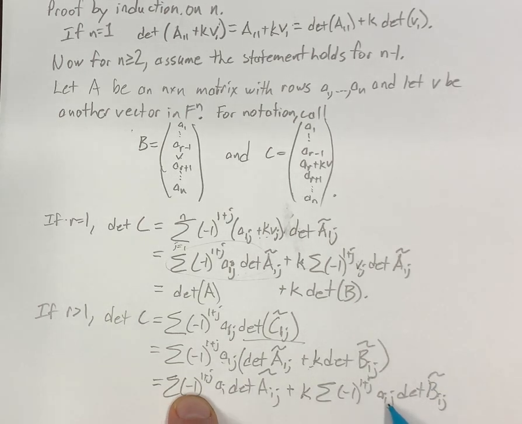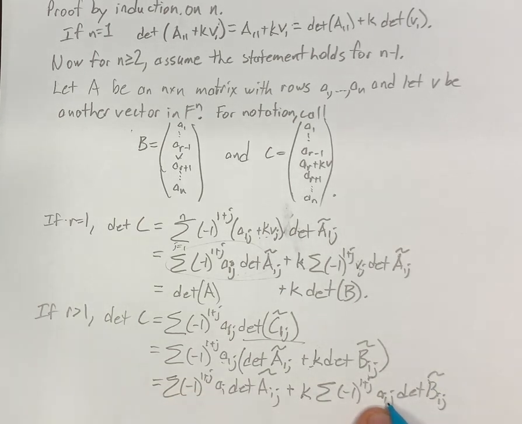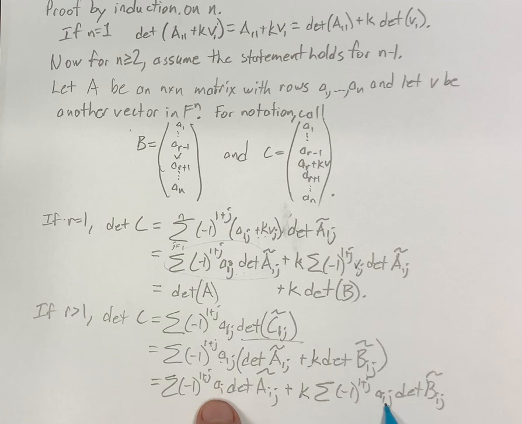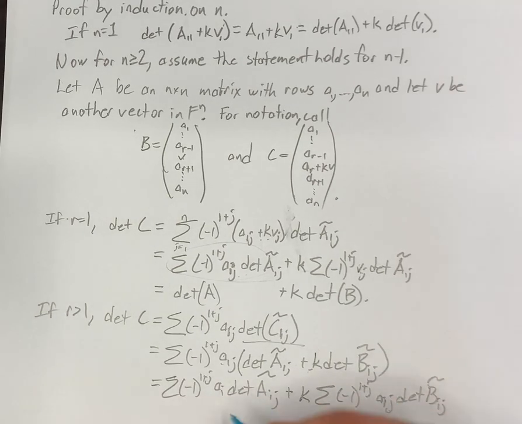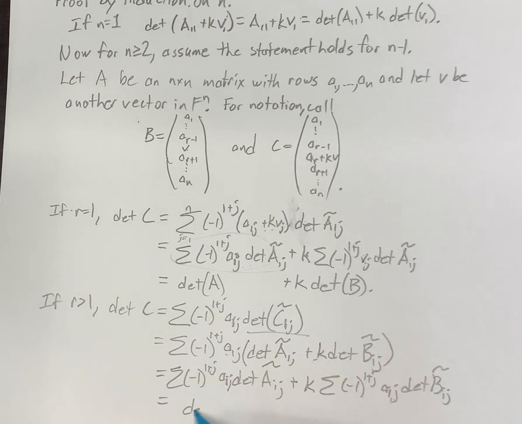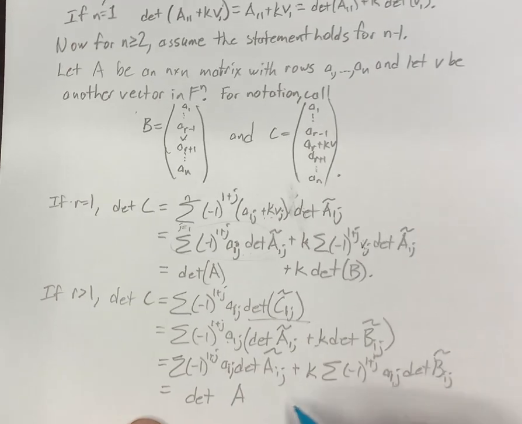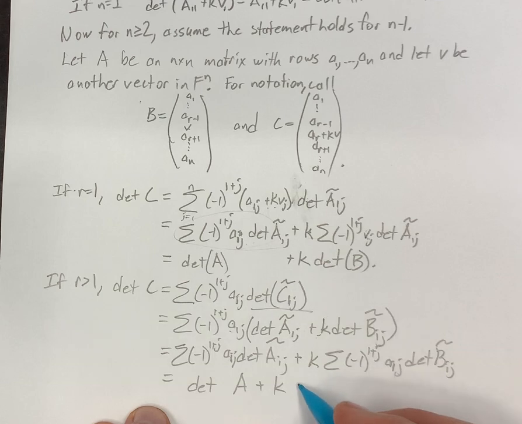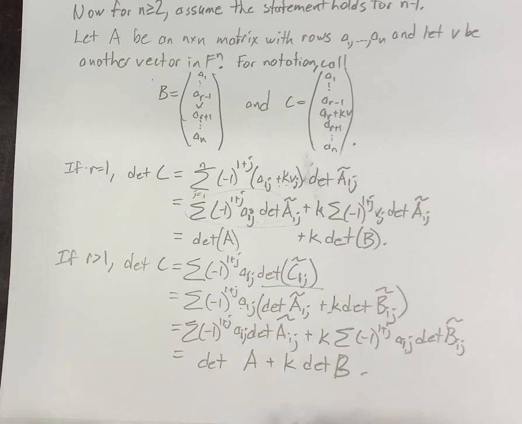And notice a1j is the top row in all of the matrices if r is greater than 1. So that's why there's no issue with calling all of those a1j. So this is just the determinant of A plus k times the determinant of B, therefore true by induction.